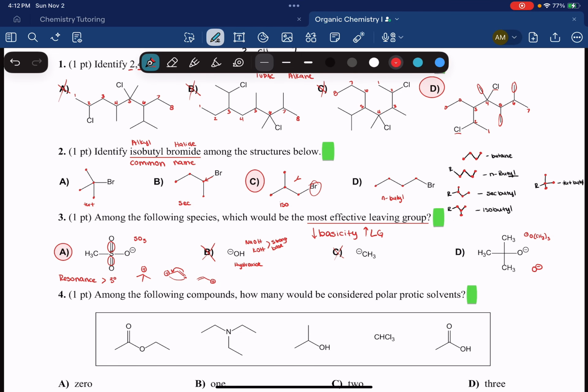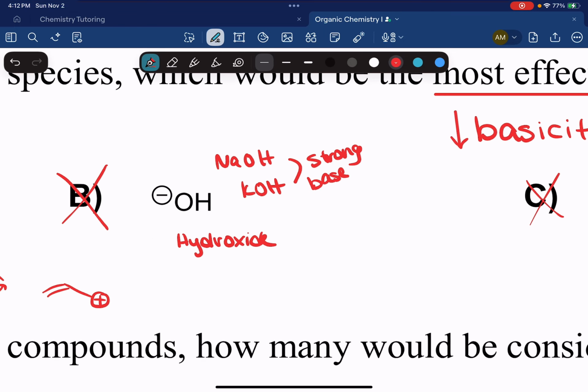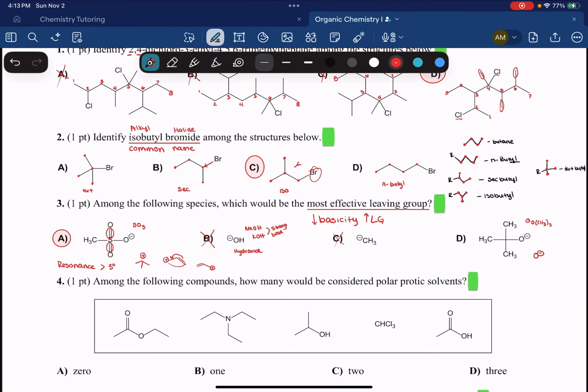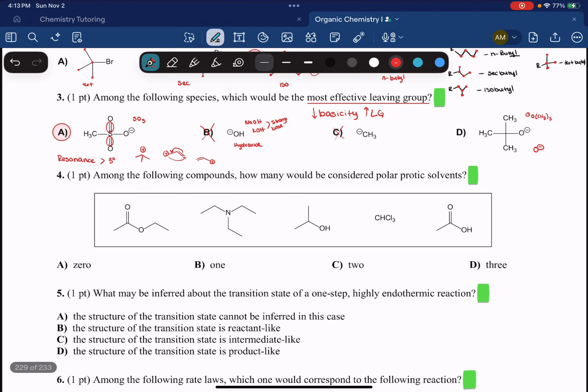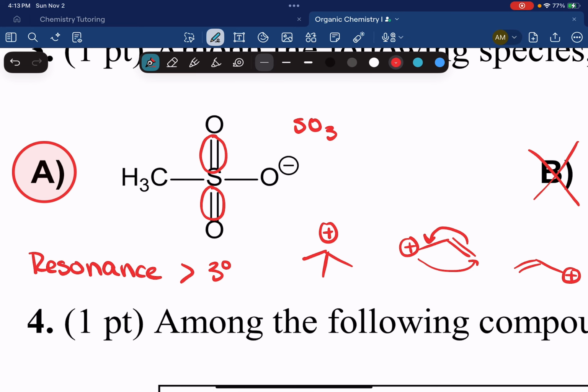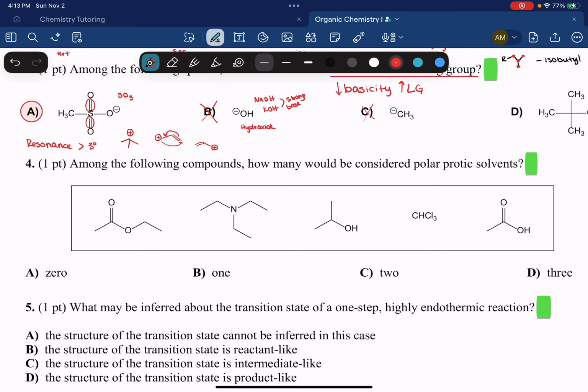I don't know if that made any sense to you guys. Leaving groups are kind of tricky as far as what's the most effective. Typically, you look at basicity. That's how we were able to knock this out, because it's hydroxide and that's a strong base. Strong bases do not make good leaving groups. Weak bases make good leaving groups. And this one has resonance, which makes it more stable, which is always going to be preferred.